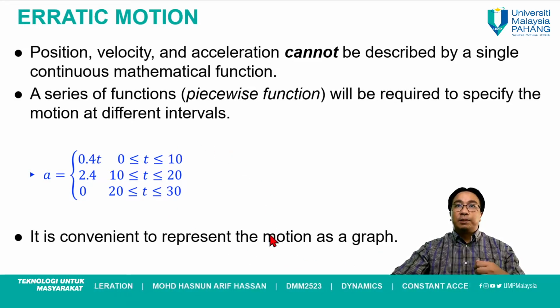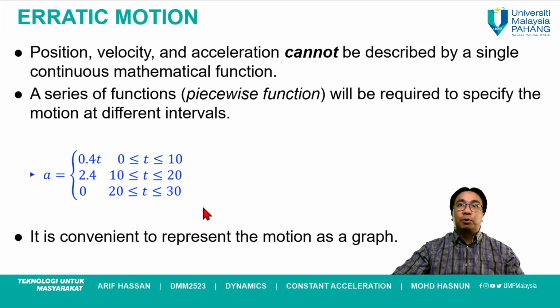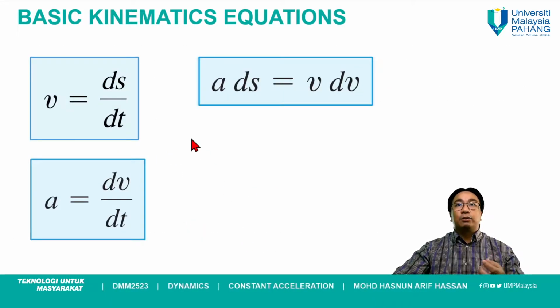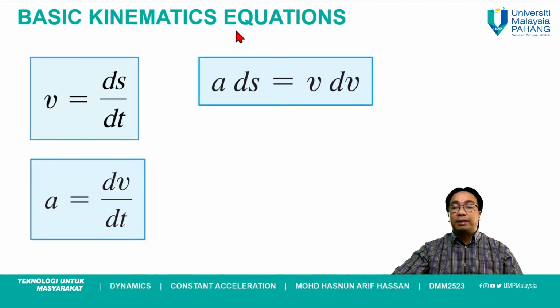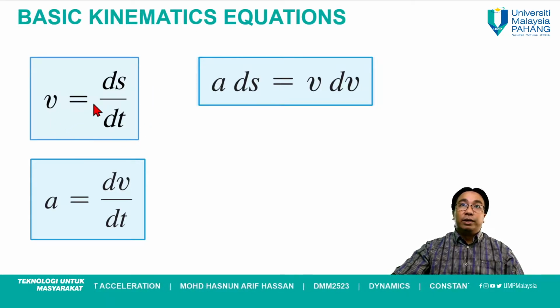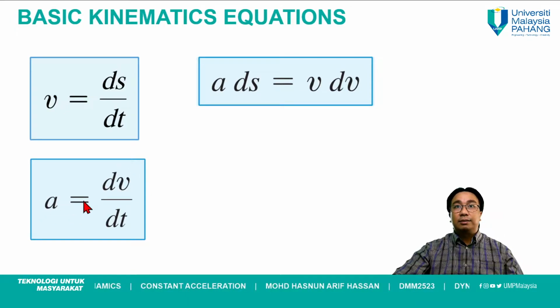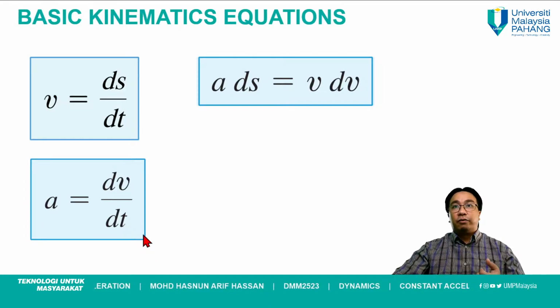To solve this subtopic, we go back to the basic kinematic equations. We still use v equals ds over dt, the velocity is the change of displacement divided by the change of time. a, the acceleration, is equal to dv over dt, the change of velocity divided by the change of time.